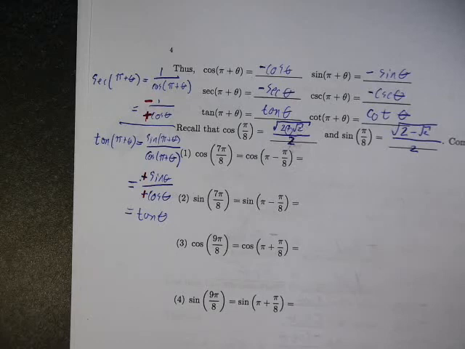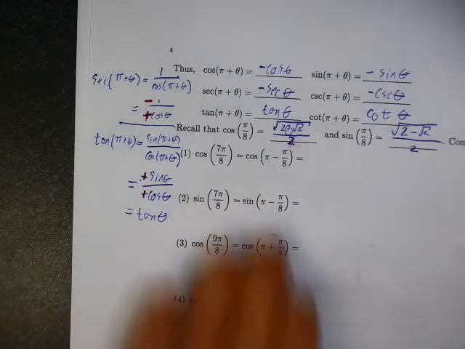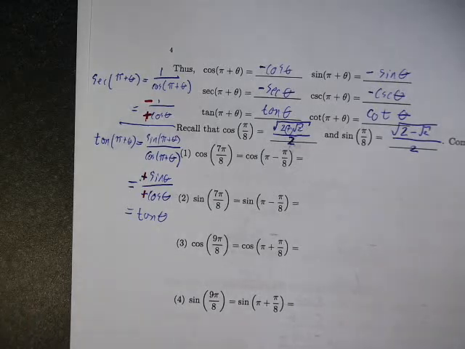Let's try to compute some things. And there's even some guidance there in terms of how to do it. So let's suppose you wanted to compute the cosine of 7 pi over 8. So notice 7 pi over 8 is the same as pi minus pi over 8. That's true, because pi is 8 pi over 8. Do we have a formula that tells us what happens when you do pi minus an angle?